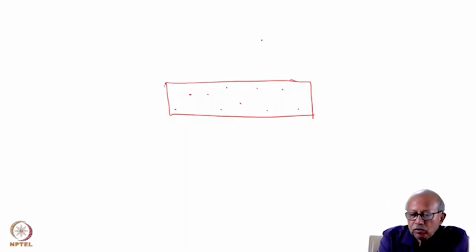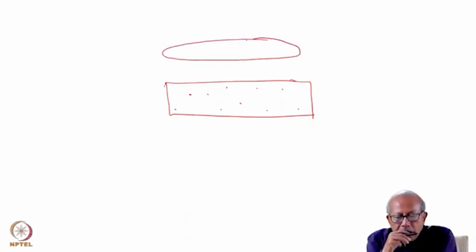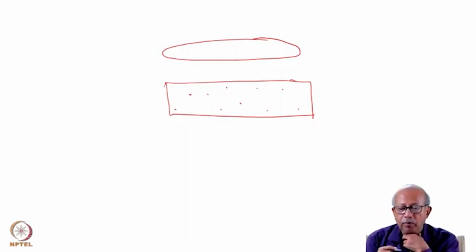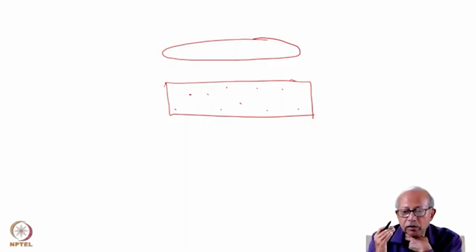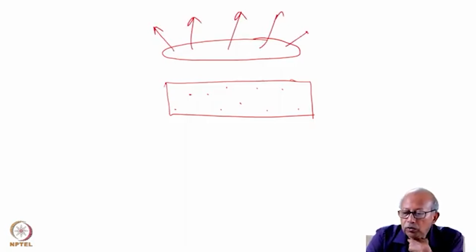And a conventional source of light, say a flash lamp or an arc lamp, has an origin of emission of light that is actually a spontaneous process. That is why the light is emitted from such a source in all directions.